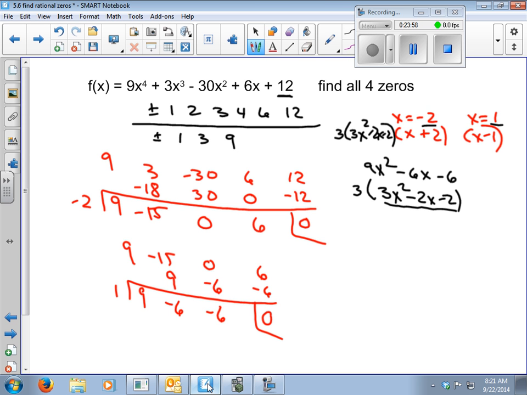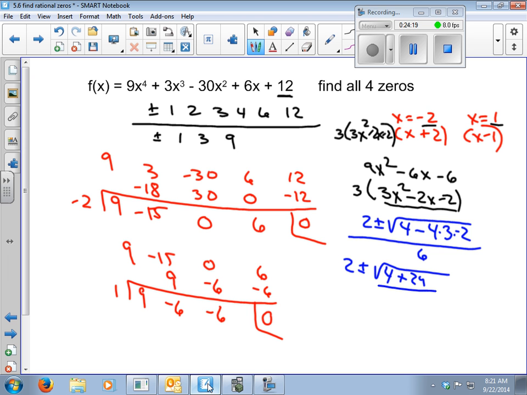x equals -b, plus and minus the square root of b squared minus 4 times a times c, all over 2a, which is 6. 2 plus and minus the square root of 4 plus 4 times 3, 12 times 2, 24, all over 6. 2 plus and minus the square root of 28 over 6.